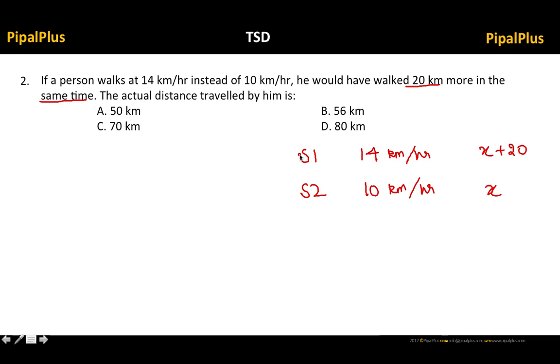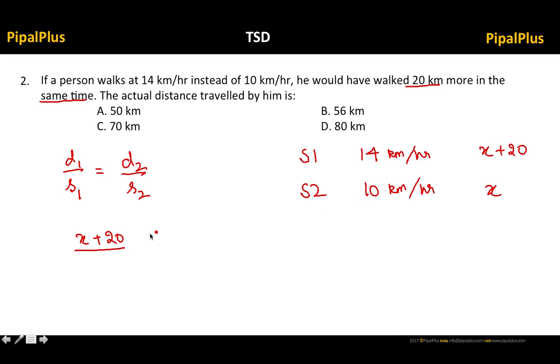Now, when for two situations time is equal, then we know that d1 by s1 equals d2 by s2, where d1 and d2 are the distances covered and s1 and s2 are the speeds with which the respective distances are covered, right? So the distance in the first case is x plus 20, right?